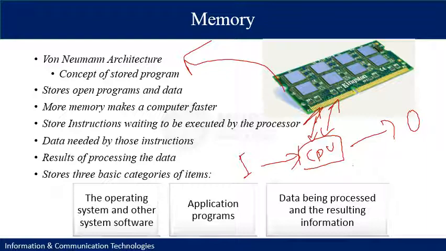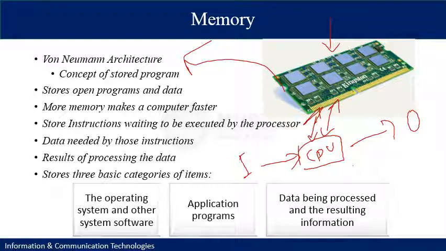This architecture helps us to understand that the program is first loaded into the memory and then it is accessible to the CPU. It stores all of the instructions that are needed by the program and all of the data associated with that program.